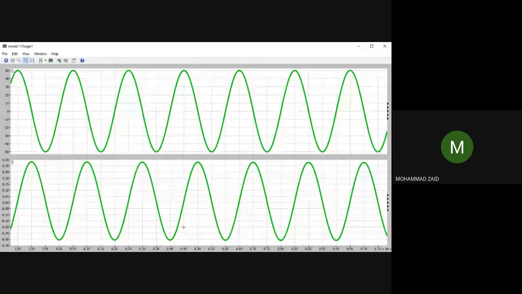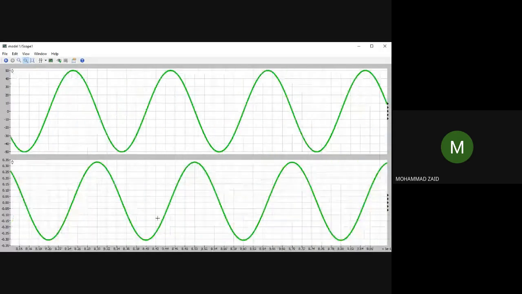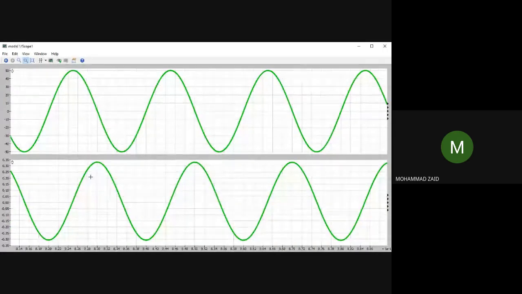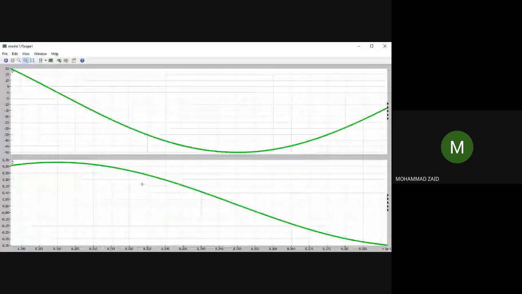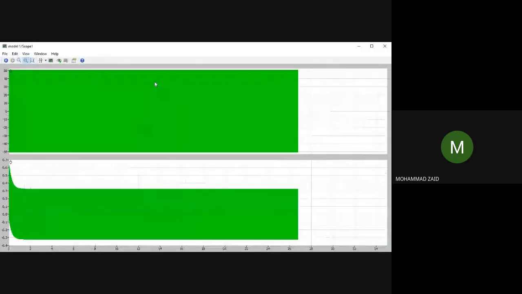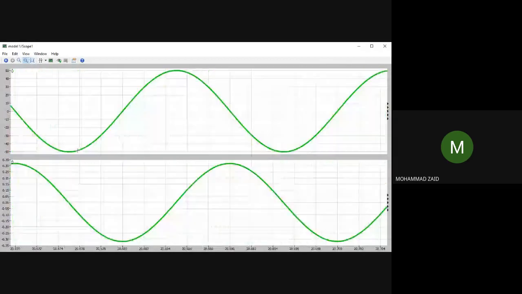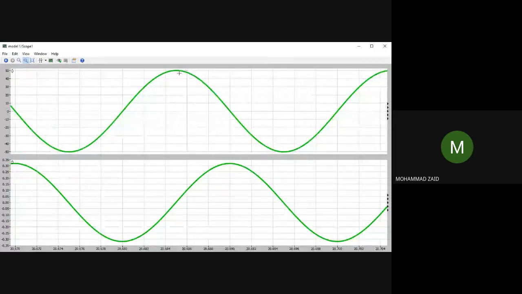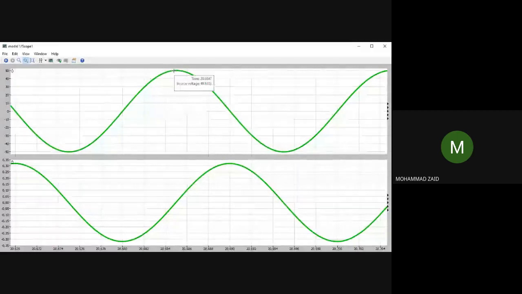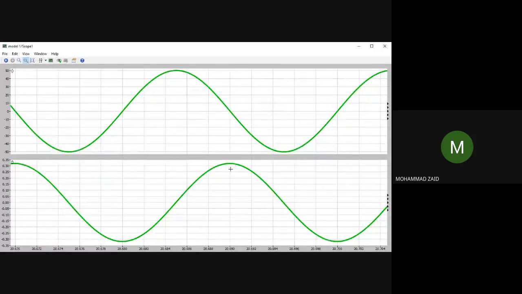You can see the phase difference also. The peak of the voltage is here, and the peak of the current is here. That means the current is lagging, reaching the peak after a greater period of time. Why is it lagging?